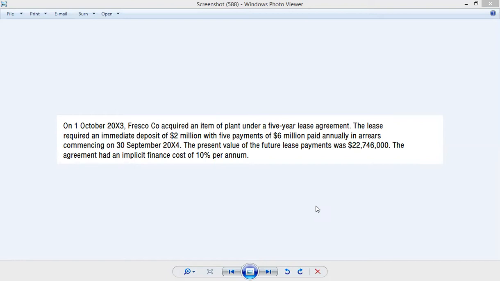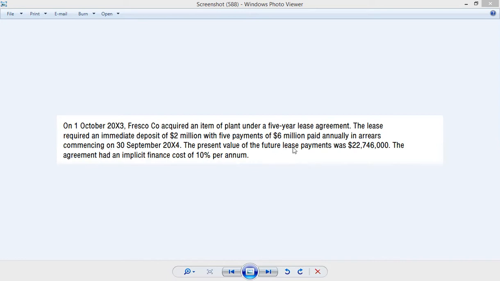Okay, so here they're saying that on 1st of October 2003, First Cocoa acquired an item of plant under a 5-year lease agreement. The lease requires an immediate deposit of 2 million with 5 payments of 6 million paid annually in arrears commencing a year from this time.